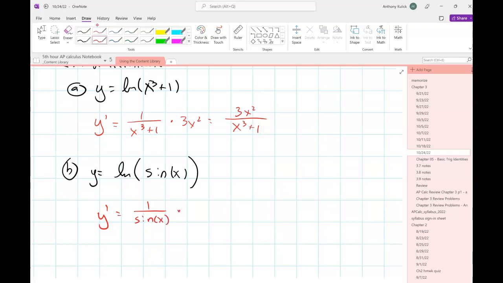And the derivative of the inside is cosine x. So we could multiply those two together to get cosine x over sine x, which is the same as cotangent. Very good. That would be our best answer.